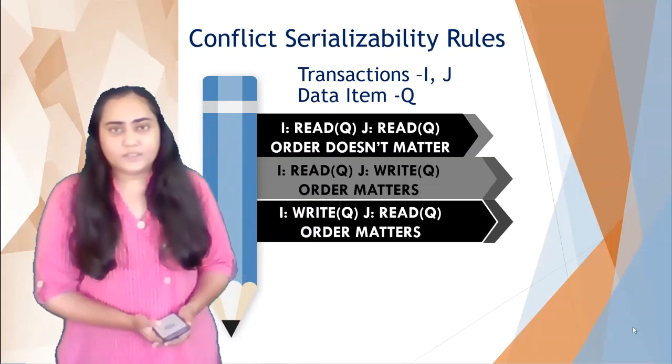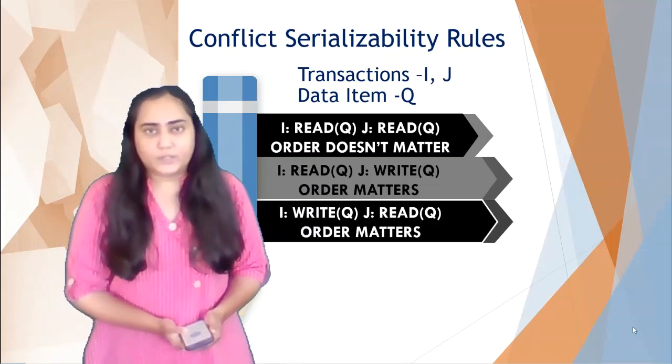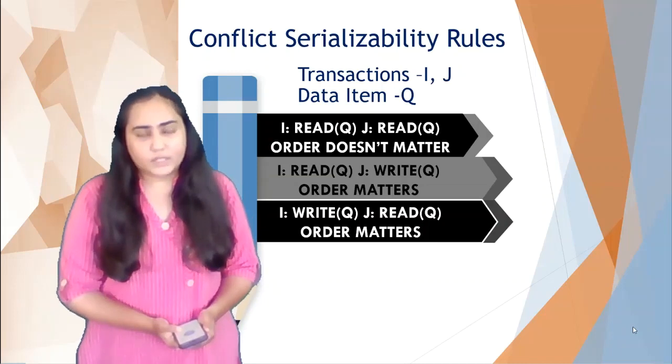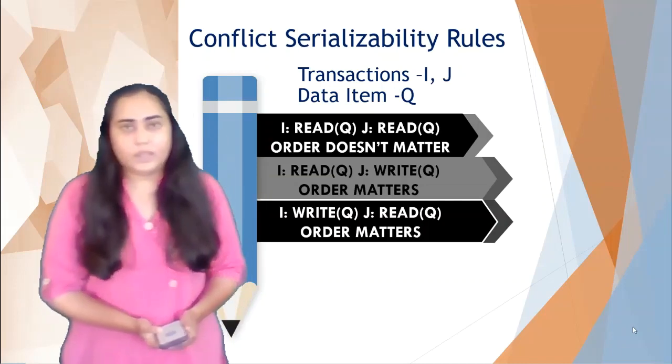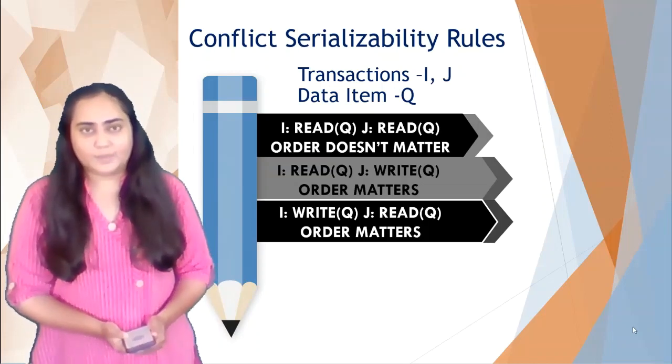The third case is, of course, where I is trying to write Q and J is trying to read Q. In this case also, as we know, the order does matter.